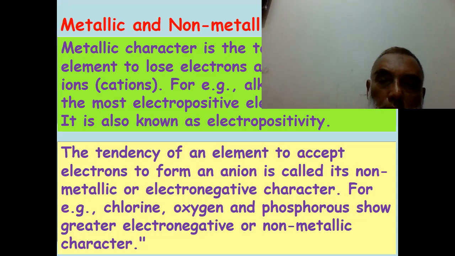Metallic and non-metallic character. Metallic character is the tendency of an element to lose electrons, and whenever it loses electrons, it absorbs energy, and this energy is known as ionization energy. These are known as electropositive elements. Metals are electropositive.